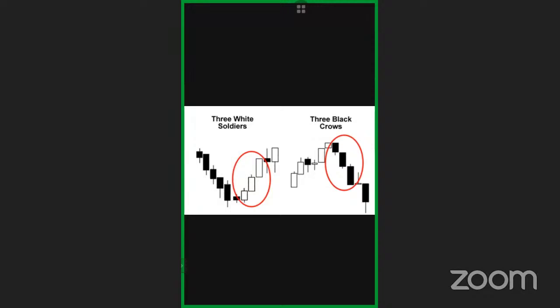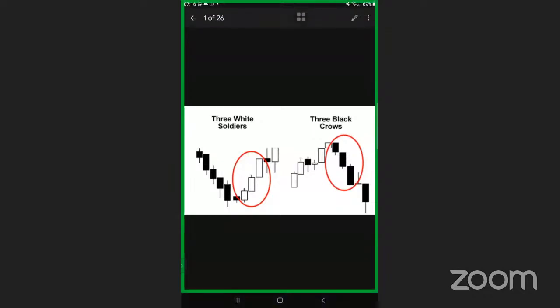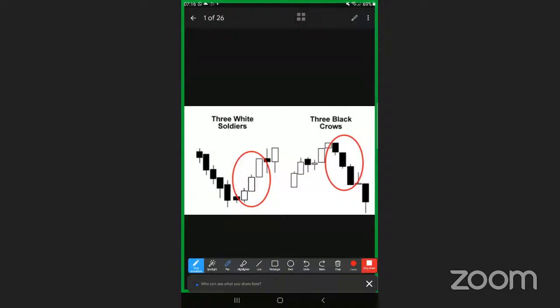You just need to understand that the three black crows are the opposite version of the three white soldiers. So the formation is still the same when you look at the nature of the body of the candlestick. They are three as well.